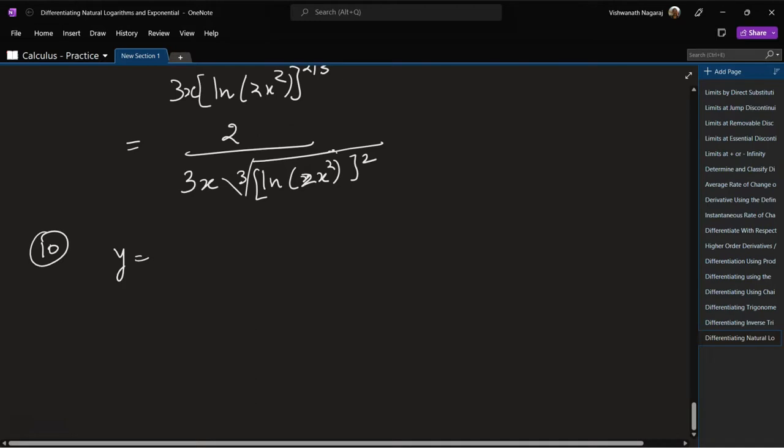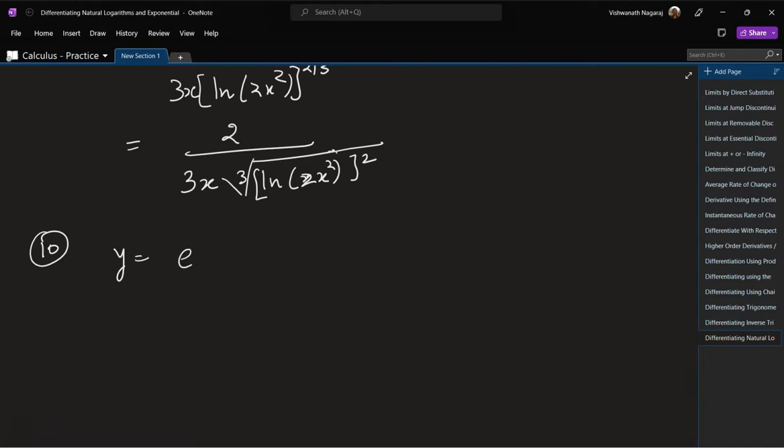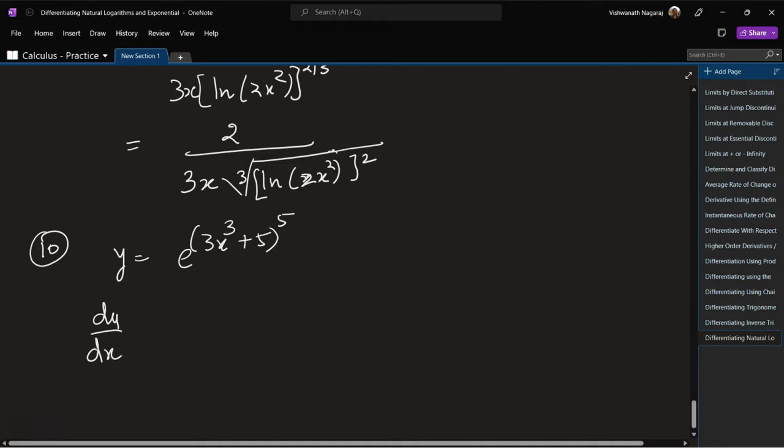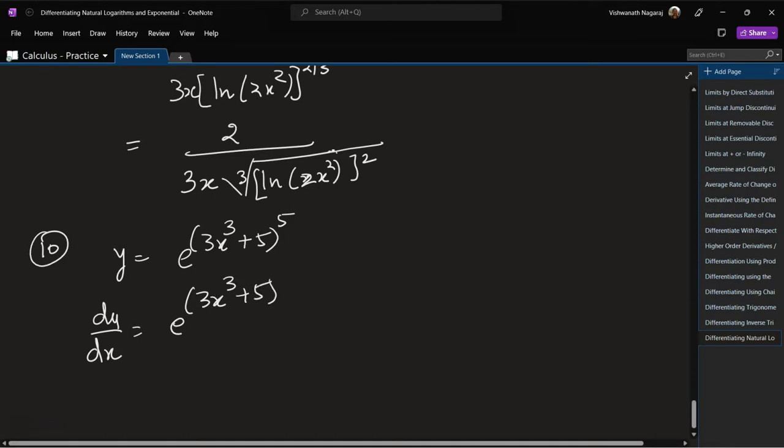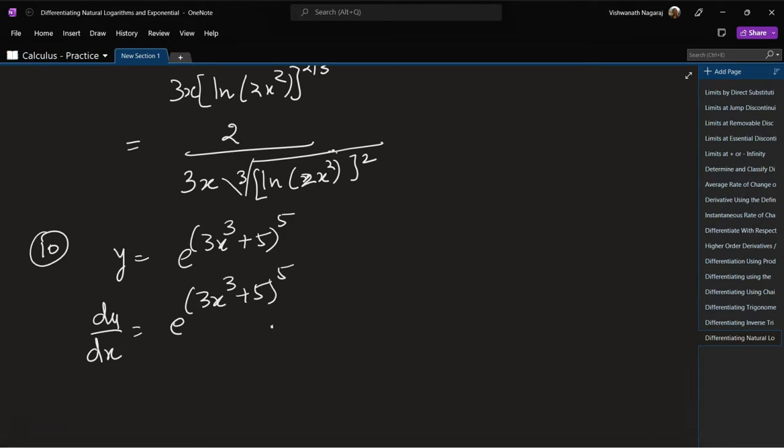Now the 10th one, y is equal to e to the power of 3x cube plus 5 to the power of 5. So dy by dx: e to the power of anything, the derivative is the same thing times the derivative of the exponent. So e to the power of 3x cube plus 5 to the power of 5, times now the exponent derivative.